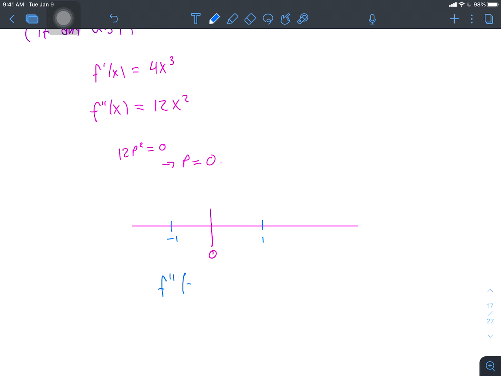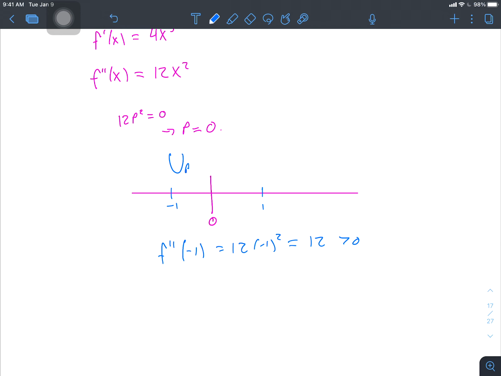If I do f double prime of -1, I get 12 times -1 squared, which is 12, which is larger than 0. So I'm concave up in this region. And if I plug in f double prime of 1, I get 12 times 1 squared, which is just 12, which is again larger than 0. So even though the concavity flattens out at x equals 0, I notice that I'm actually concave up in both of these two regions.